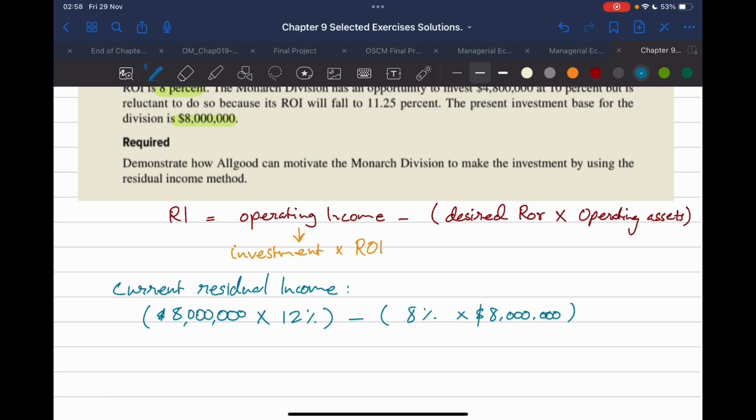Now let's turn to our calculators and see what we get. 8 million multiplied by 0.12, that's 960,000. Let's just write that down again.